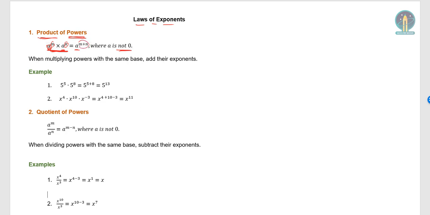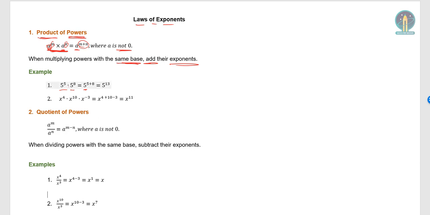So again, all you would need to do is add the exponents. So when the base is the same, add the exponents. Let's look at examples. 5 to the 5th power times 5 to the 8th power. So the base is the same, 5 and 5. So what is the result? You take the base, write it as a common base, and then just add the 5 and 8.